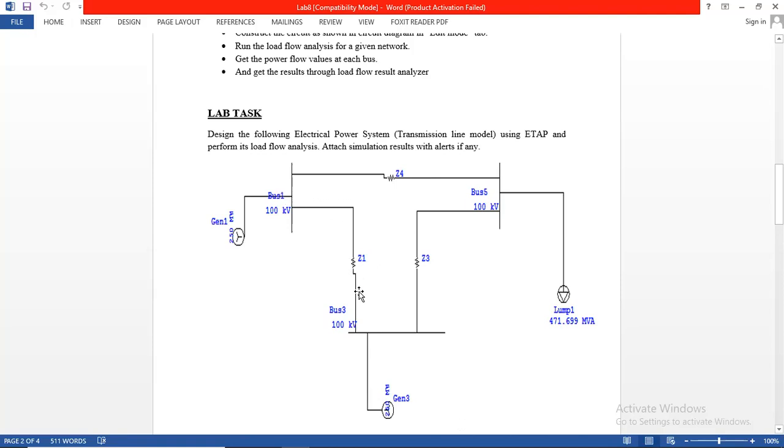In between, the joints of lines would be the secondary distribution lines and connected lines, which are represented by the impedances Z1, Z2, Z4, and particularly the lump load and two generators.